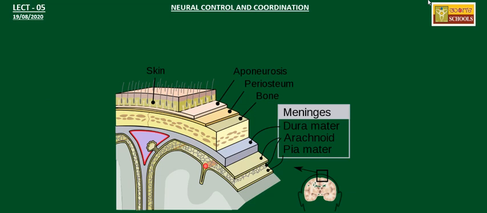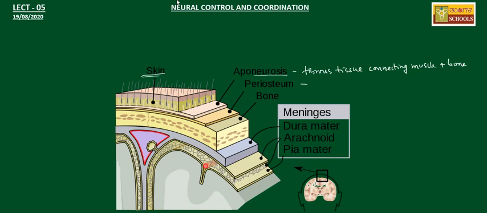Let's see in this picture those different layers. You can see here the skin, the hair, and below that we have the aponeurosis. This is a fibrous tissue, then muscle and bone, especially on these flat bones you will find. Here periosteum is again a fibrous tissue that lines the bones.